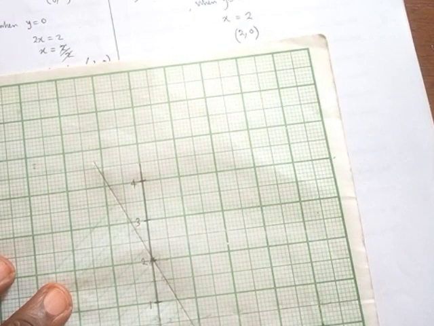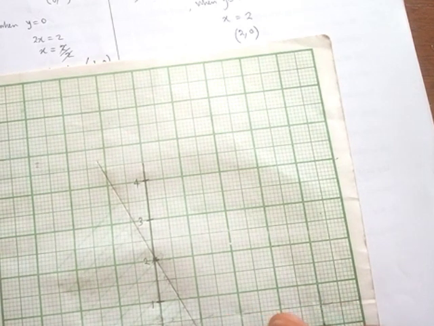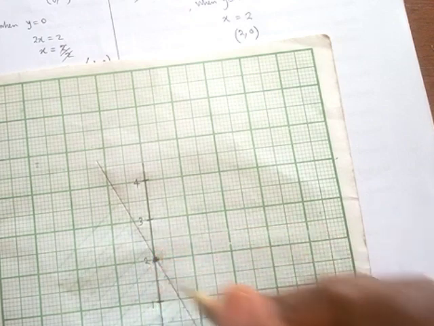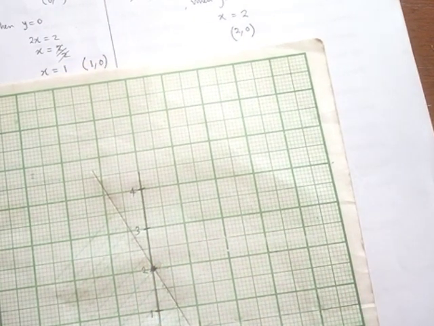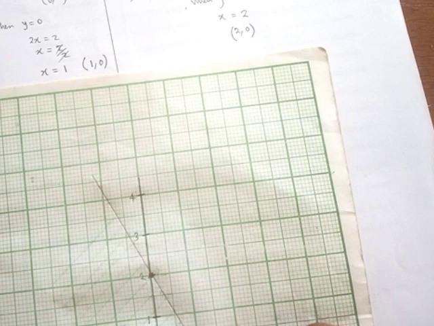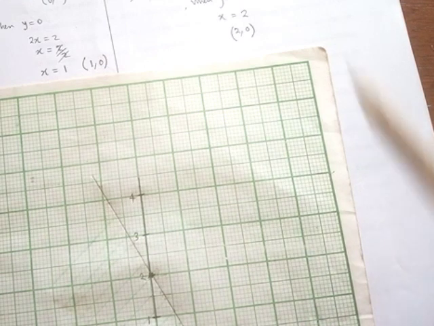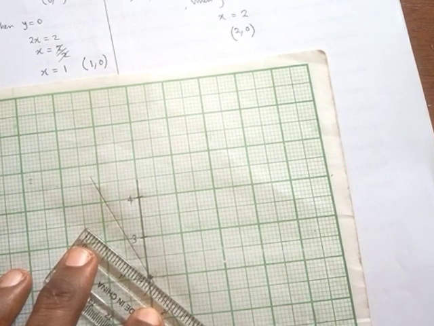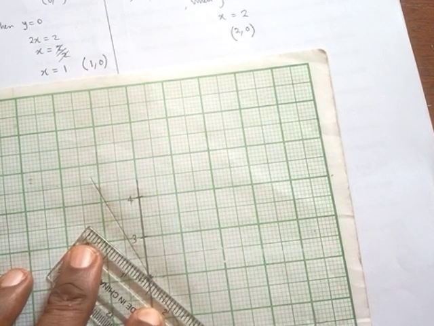0, 2, that's here, and then 2, 0, that's here. It is less than, so we're going to use broken lines.